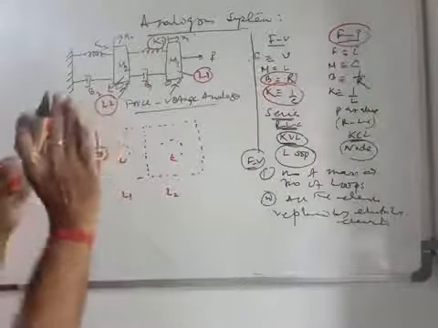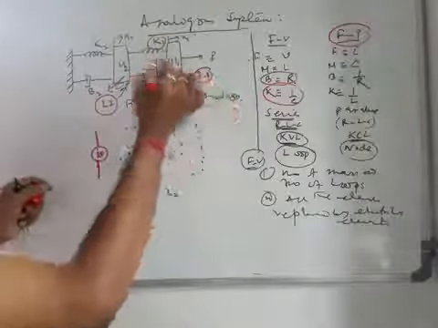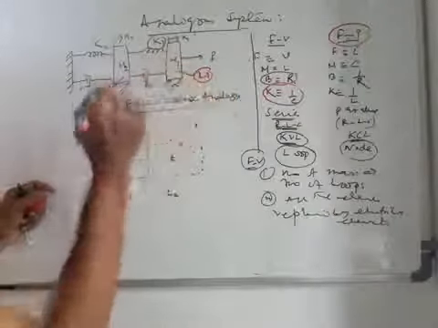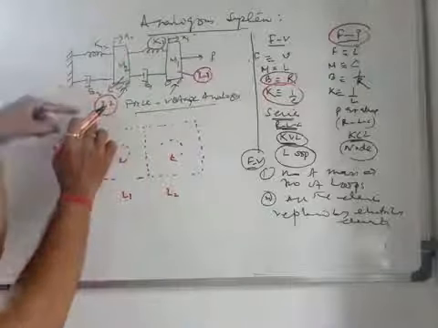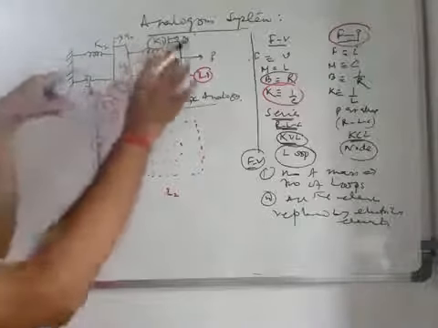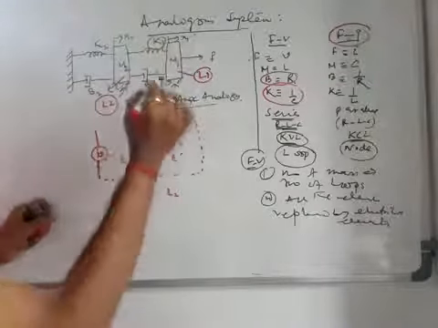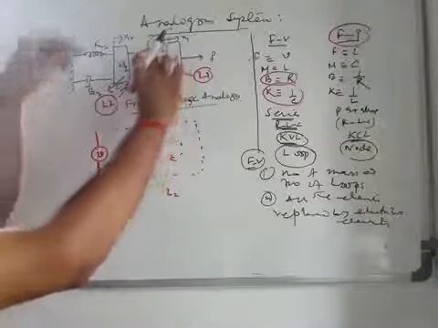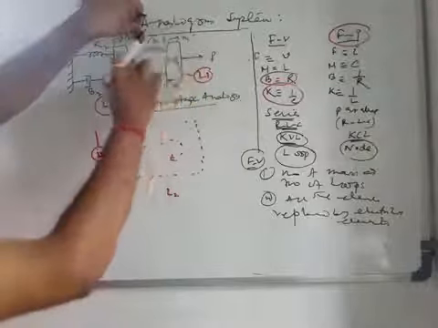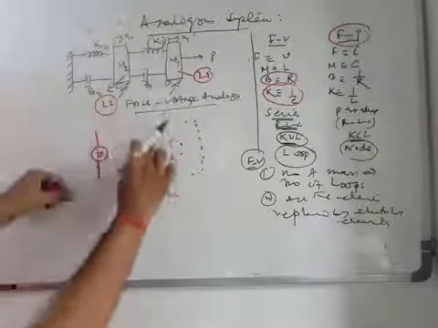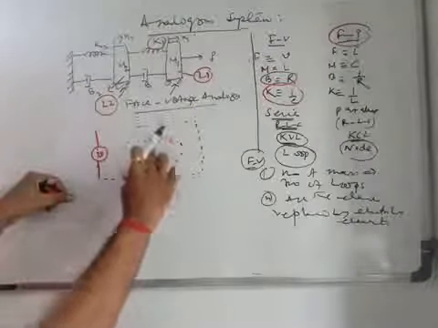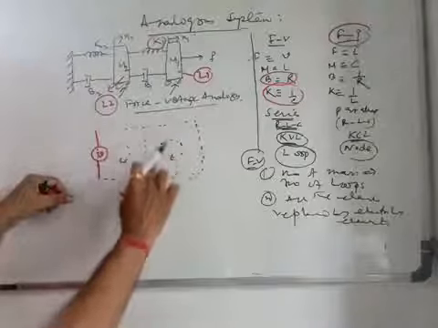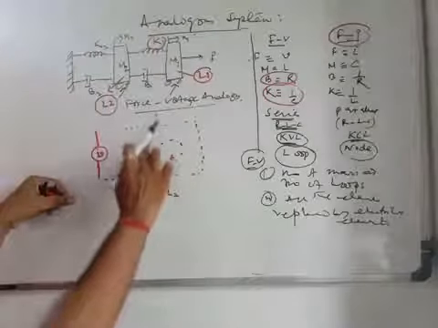So M1 corresponds to L1, and M2 corresponds to L2. That means we can call it two different loops. And you see what happens in the case of K1 and B1. K1 and B1 are connected to M1 as well as M2. So definitely K1 and B1 will be connected here. This is the common path, right?